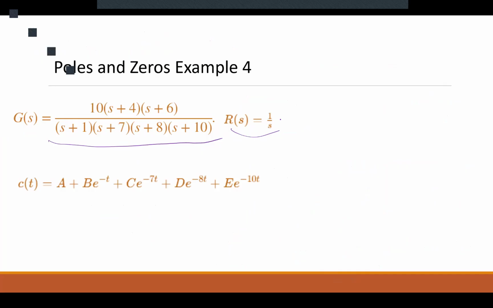Now, without even going through the Laplace transform, we are going to simply plot what we have.